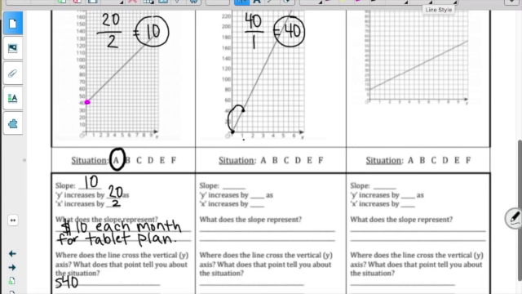So each month we pay an extra $10, but it looks like we started at 40. And that's because that's what the tablet cost. So in this situation, it's the price of the tablet. That's where we began counting how much money we're spending.